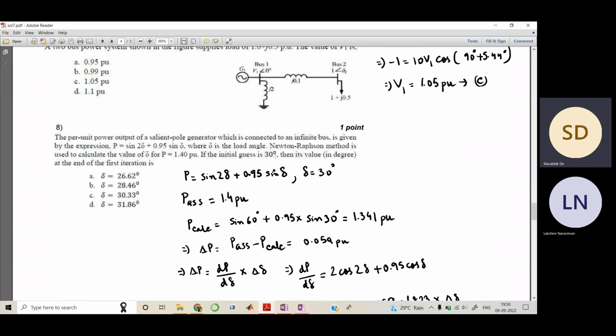If the initial value is 30 degrees, what is delta after the first correction?